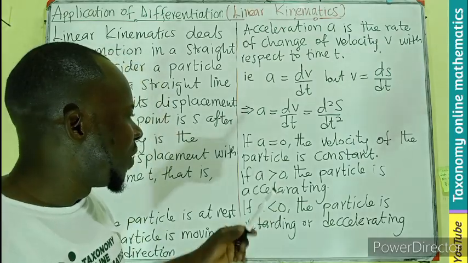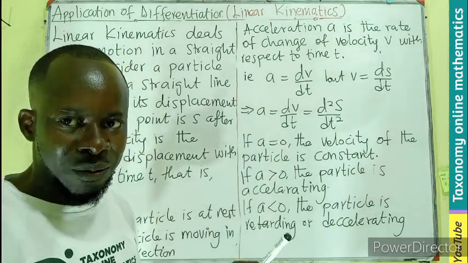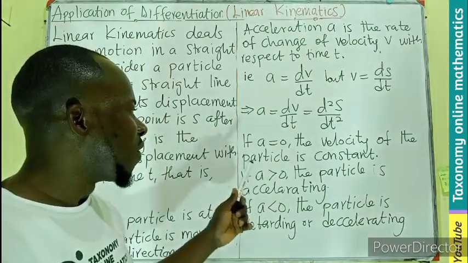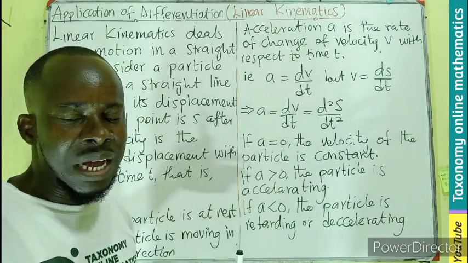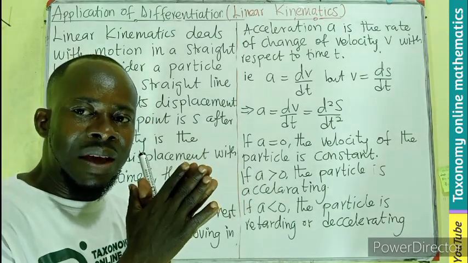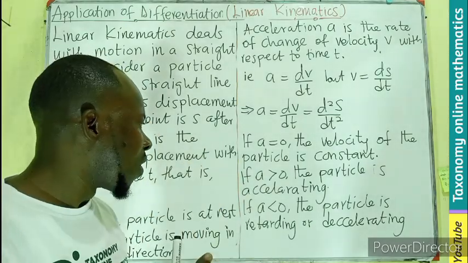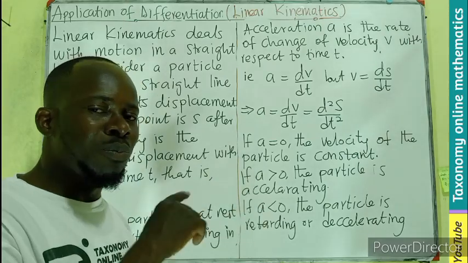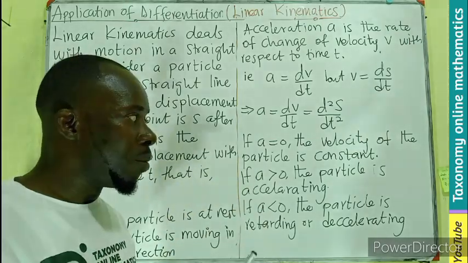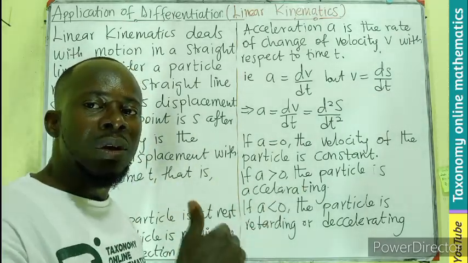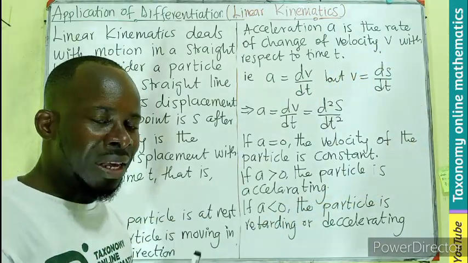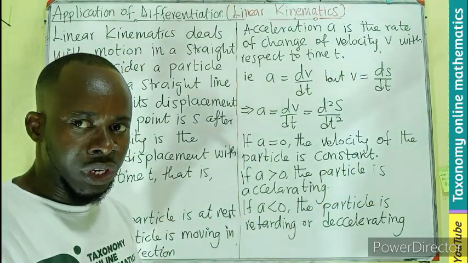If a, the acceleration, is 0, then the velocity of the particle is constant. If the acceleration is bigger than 0, meaning positive, the particle is accelerating, there is motion.